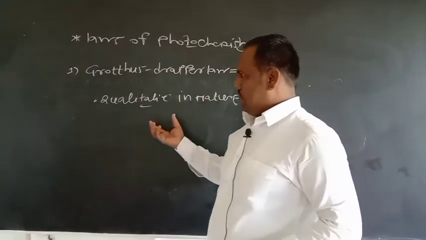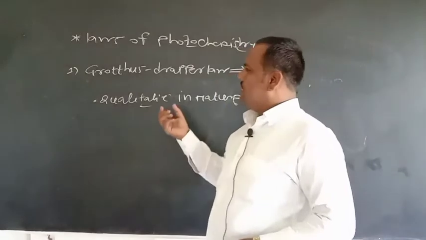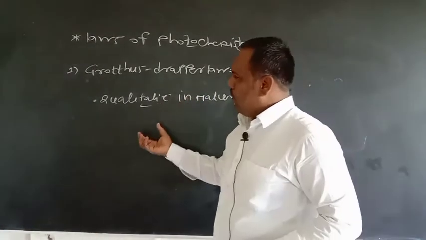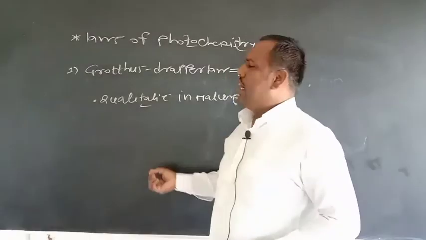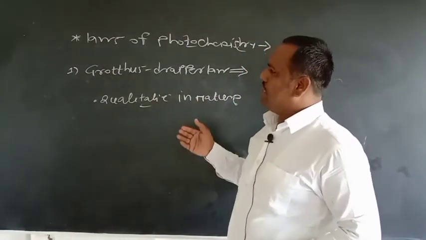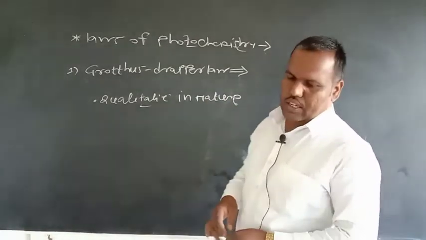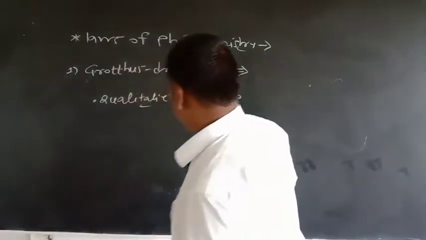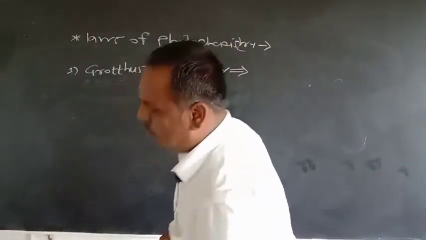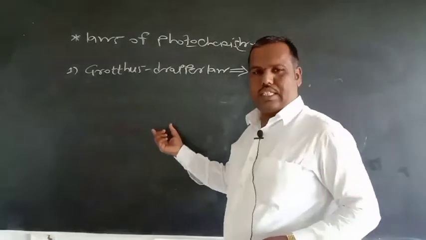By the absorption of radiation, generally UV visible radiation, the molecules get activated, and the activated molecule shows certain changes, that is, chemical changes. Not all the radiations are absorbed by the molecule or a system.